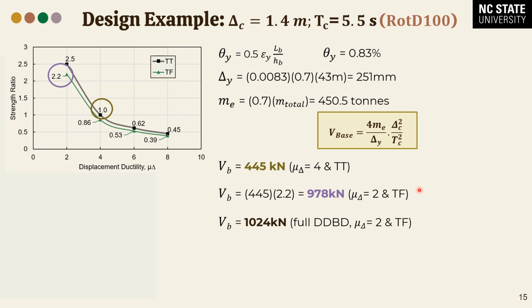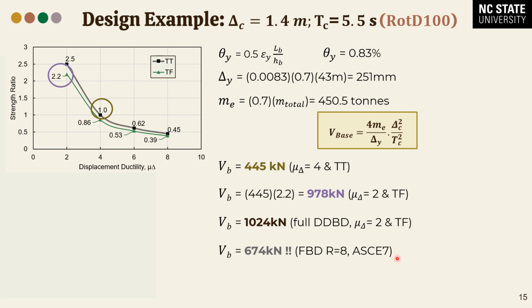So now, if we compare this baseline design of ductility 4 Takeda thin to a full procedure DDBD, not using the simplifications, but just going through the full detailed procedure, we see that the difference is not that big. It's actually very close, 1,000 versus 970, as you can see here. So all of these designs up to this point have been done using the rho D100 design spectra.